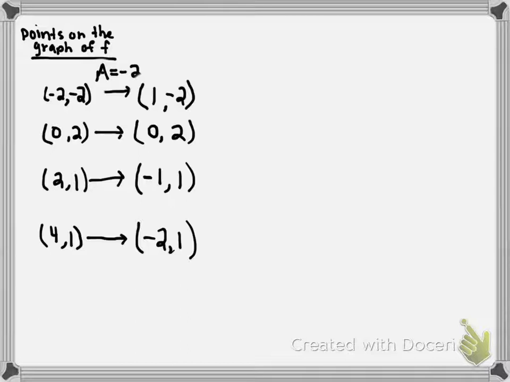For instance, looking at the value of capital A, which happened to be negative 2, we know that in step 1 we are supposed to horizontally scale by 1 over the absolute value of A. And then since A is negative, we're also supposed to follow that with a horizontal reflection.